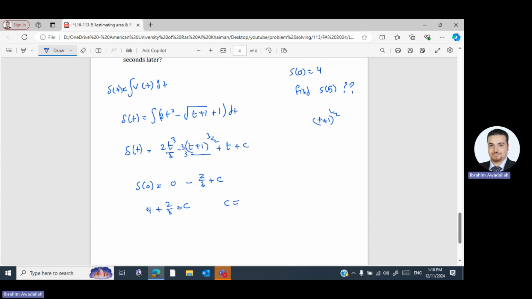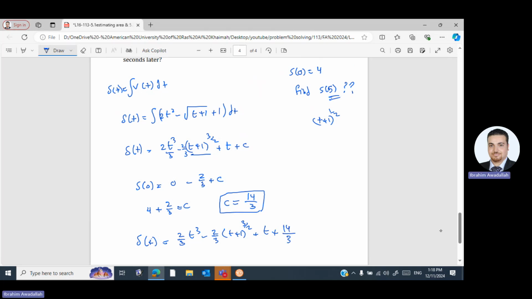So c equals 12 plus 2 over 3, which is 14 over 3. Now s of t itself will be 2 over 3 t cubed minus 2 over 3 (t plus 1) to the power 3 over 2 plus t plus 14 over 3.